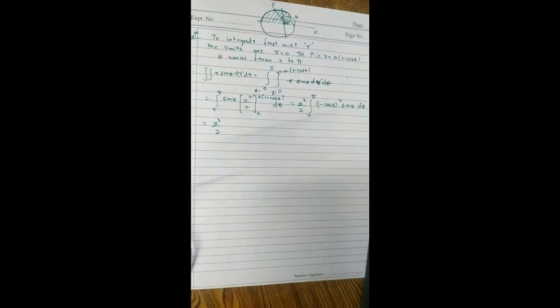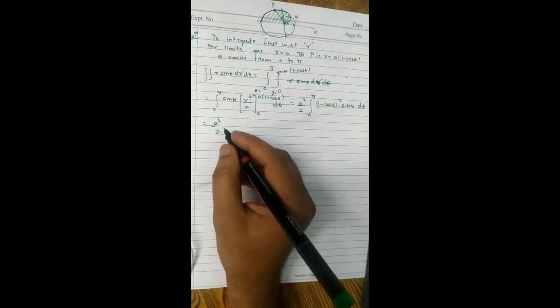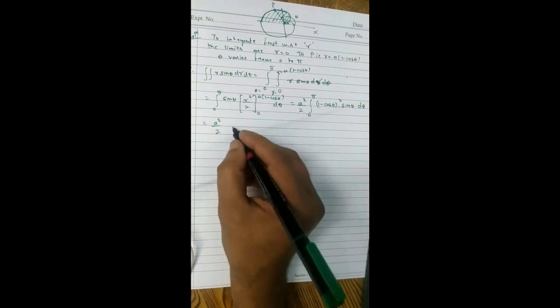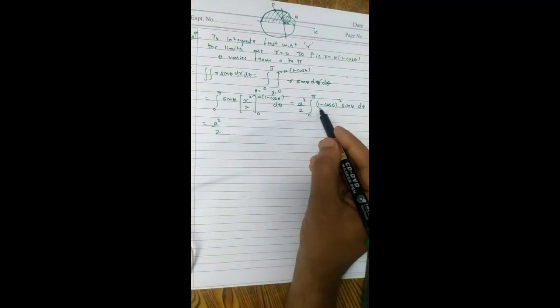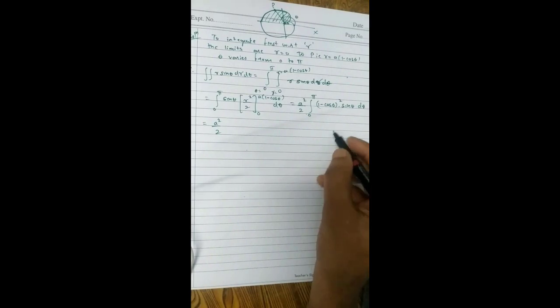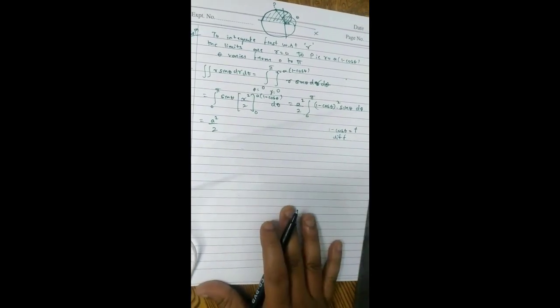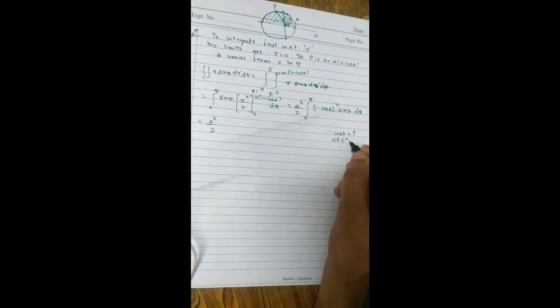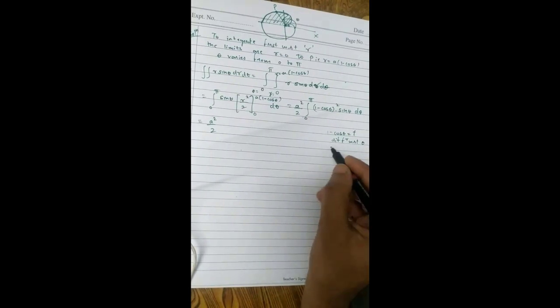Now if I take 1 minus cos theta equal to t and differentiate with respect to theta, this turns out to be sin theta d theta equal to dt, right?